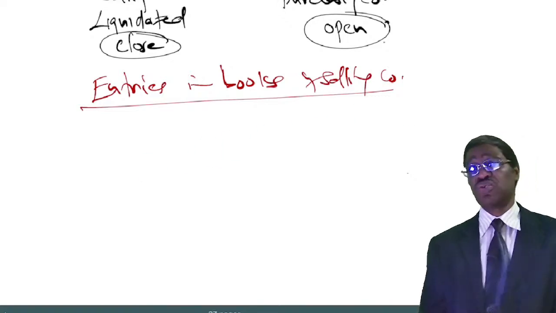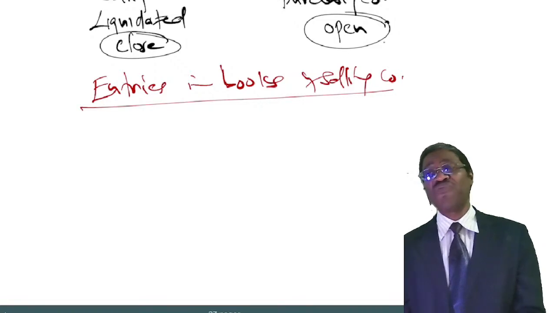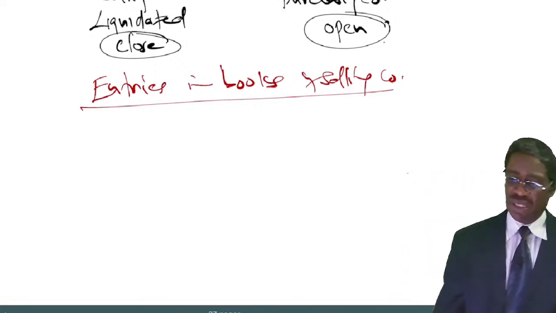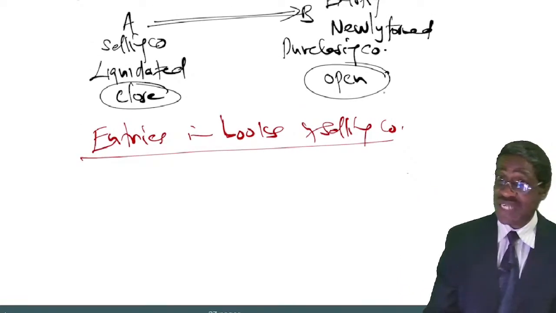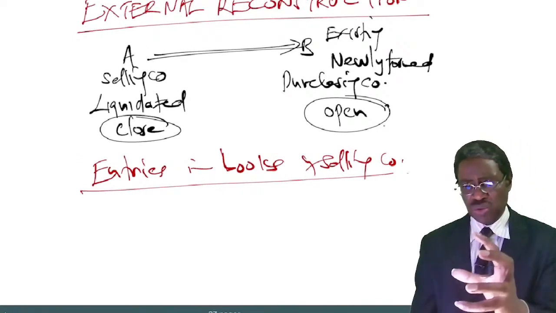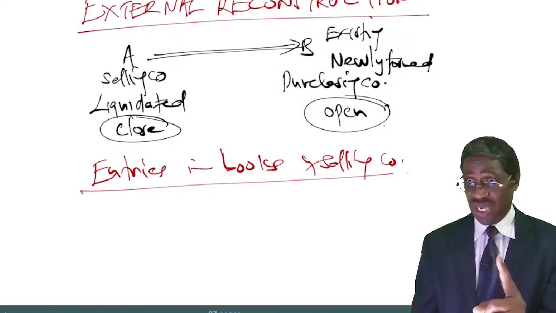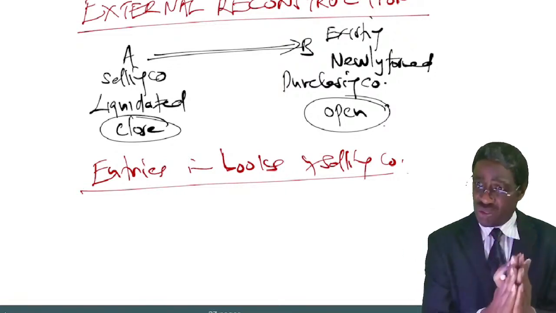So let me introduce now what are the accounting entries in the books of the selling company. We are taking our selling company as A. Listen, I have told you, company A must liquidate themselves. In other words, they must close their books.